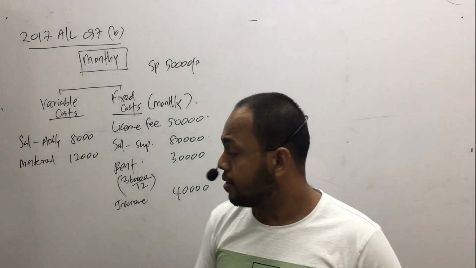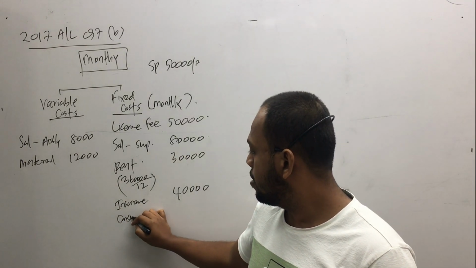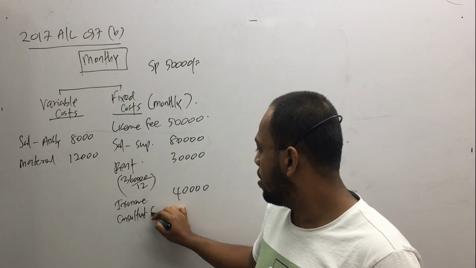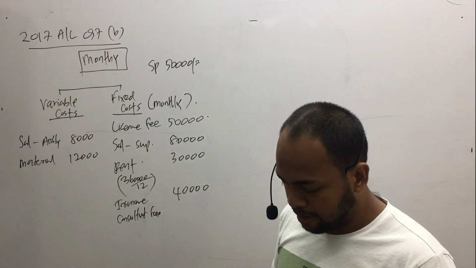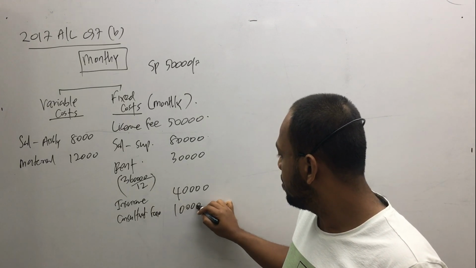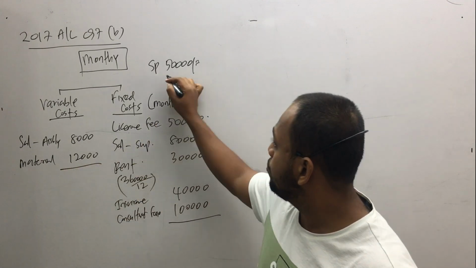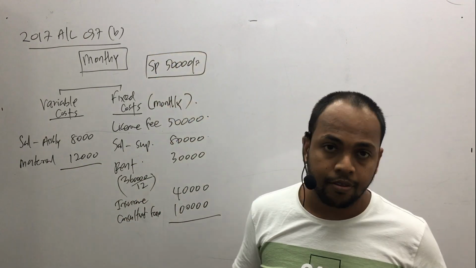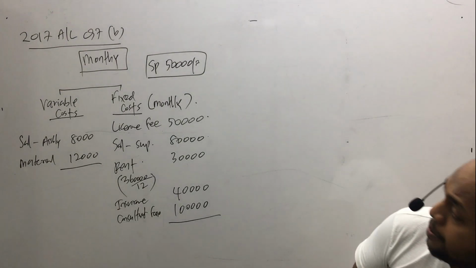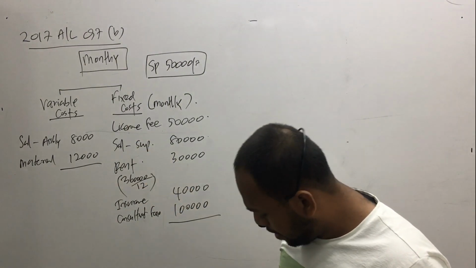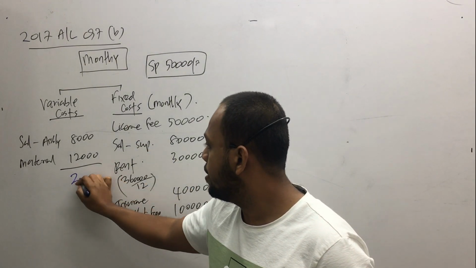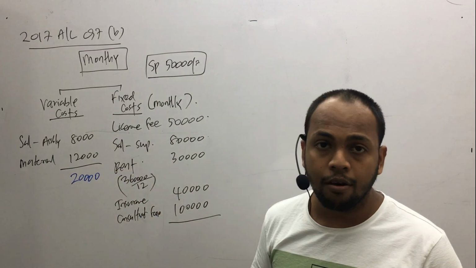And there are two consultants. We pay 100,000 per month. So this is your selling price, and the variable cost total is 20,000.